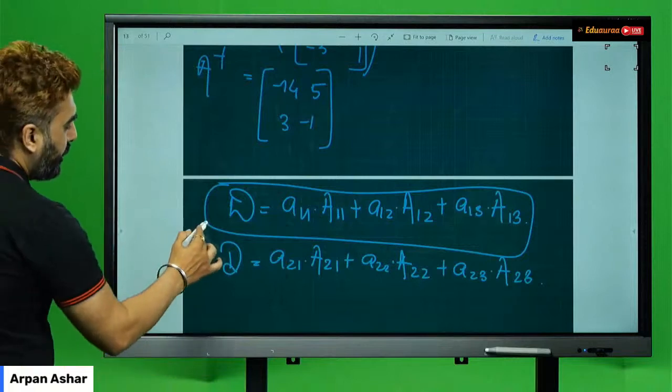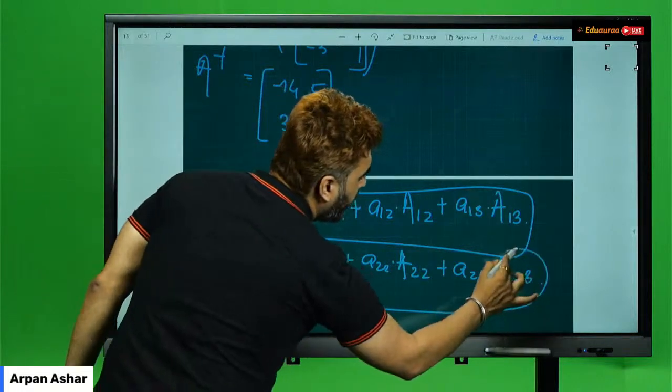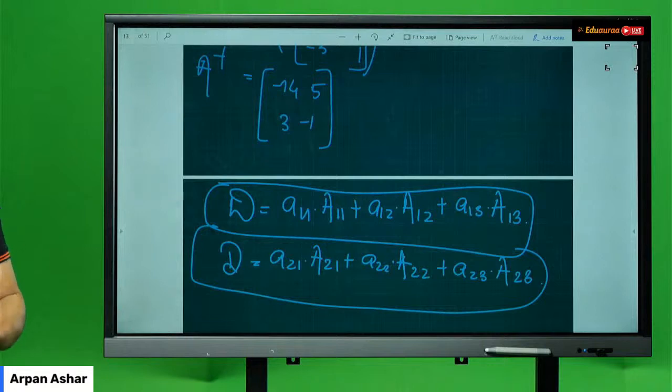So this is how we find the value of the determinant along the second row.